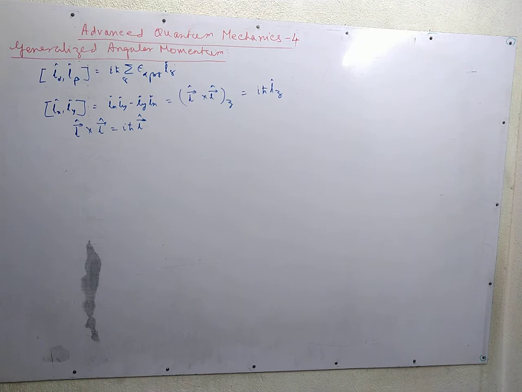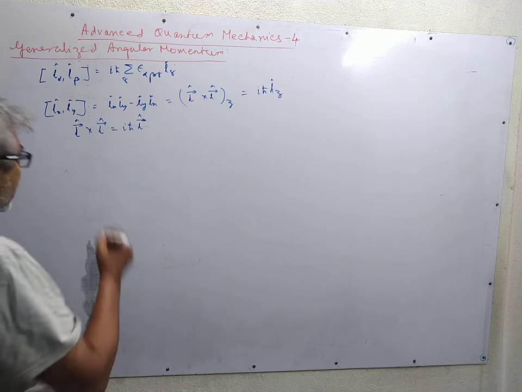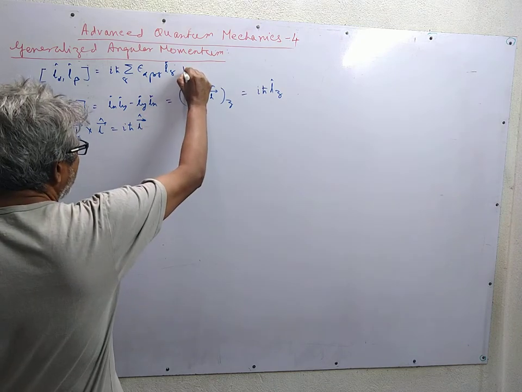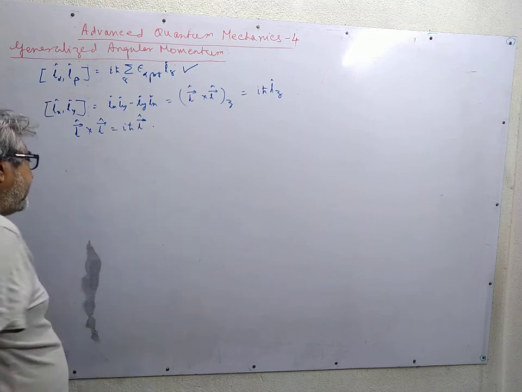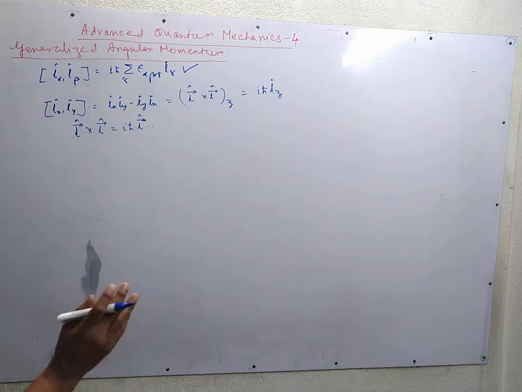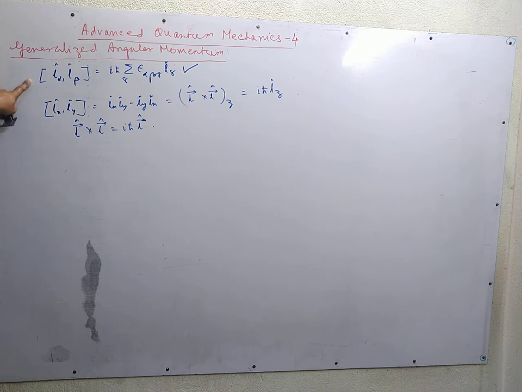So we define the generalized angular momentum to be one which satisfies this relation or equivalently this relation. Any set of three quantities whose Cartesian components satisfy this equation or equivalently this equation is termed an angular momentum operator in quantum mechanics.